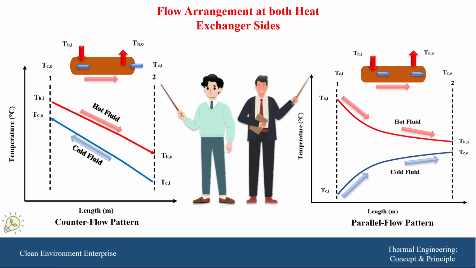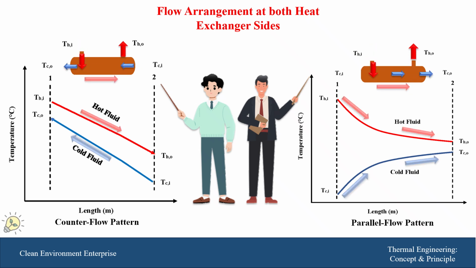The first one is called the counter flow pattern, and the second one is called the parallel flow pattern. In the first type, the fluids on the shell side and tube side enter the heat exchanger from opposite ends of the heat exchanger. Therefore, as they are passing through the heat exchanger, the flow is counter flow.